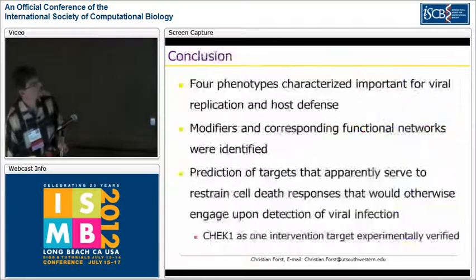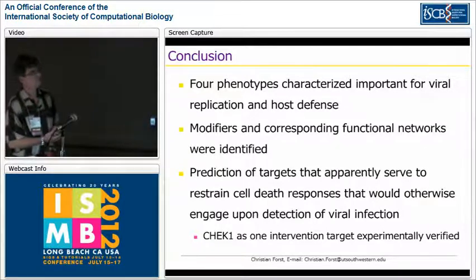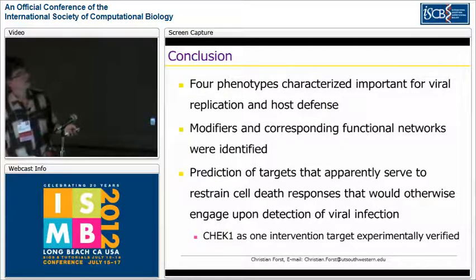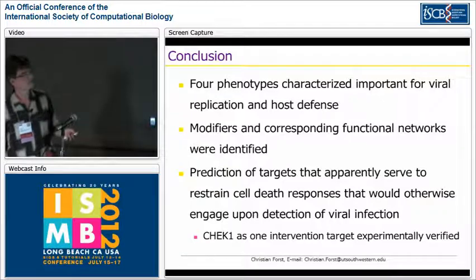And in this sense, I will come to my conclusion. I presented 4 particular phenotypes that characterize important factors for viral replication as well as host survival and defense. These modifiers can be identified and characterized with the corresponding functional networks and their interaction in these important classes.